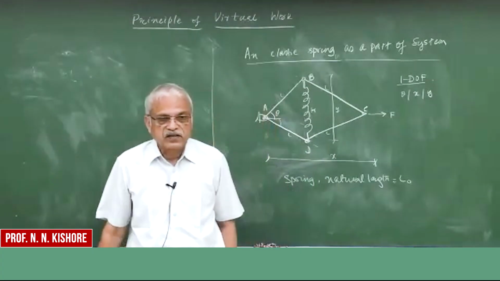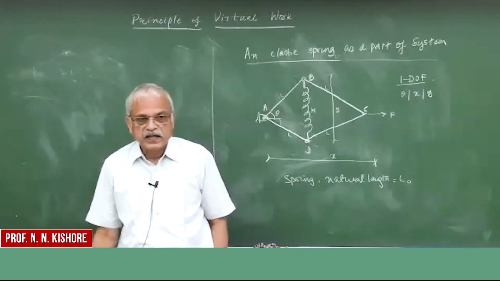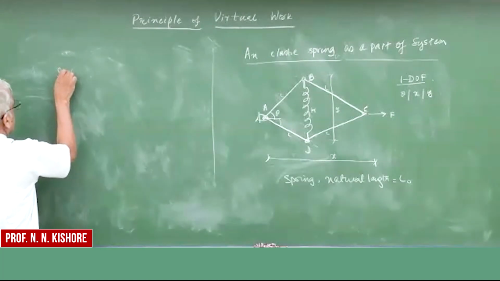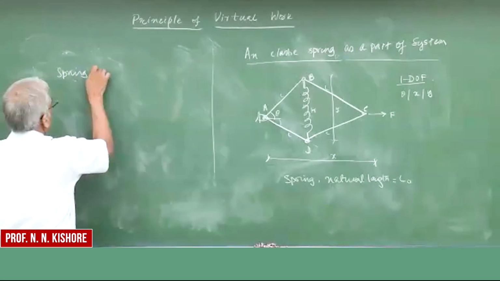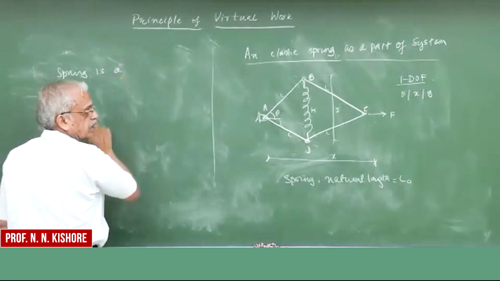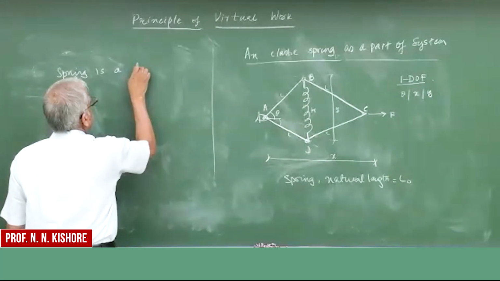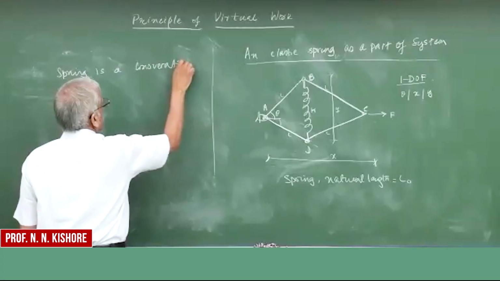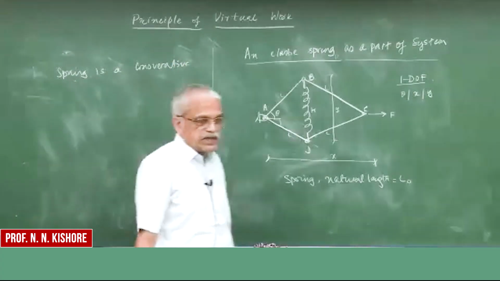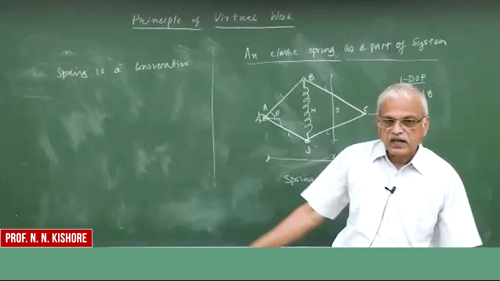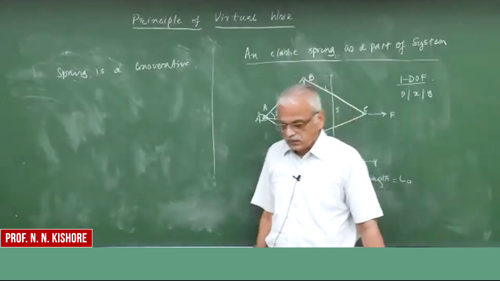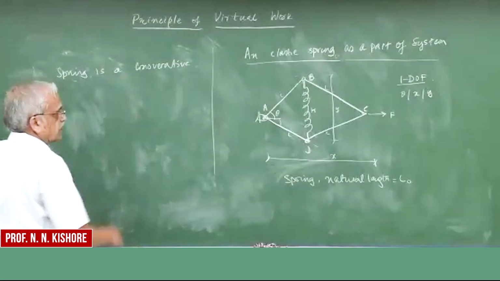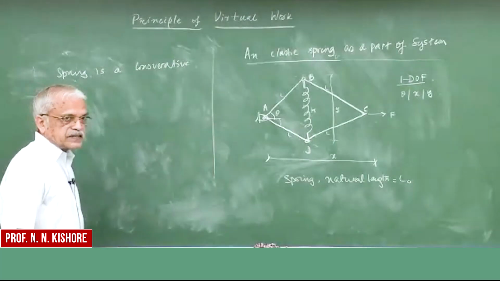There is a certain elastic or potential energy that increases in the spring. Spring is a conservative force, in the sense that the force can be derived from its potential energy function, half k x square, or the force is k x.